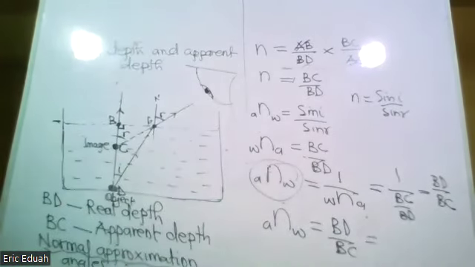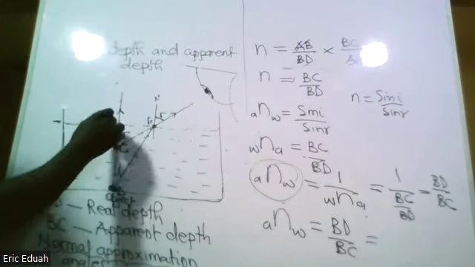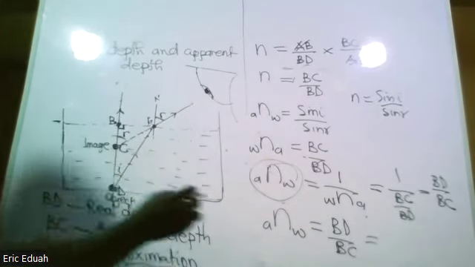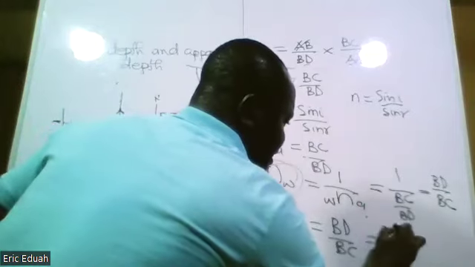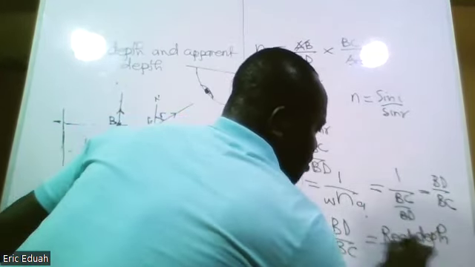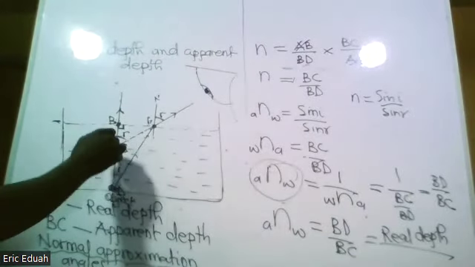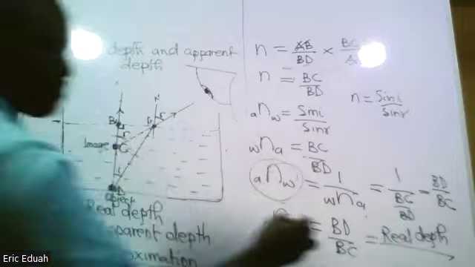Now, from our diagram, what is BD? BD is the real depth, over BC. BC is the apparent depth.